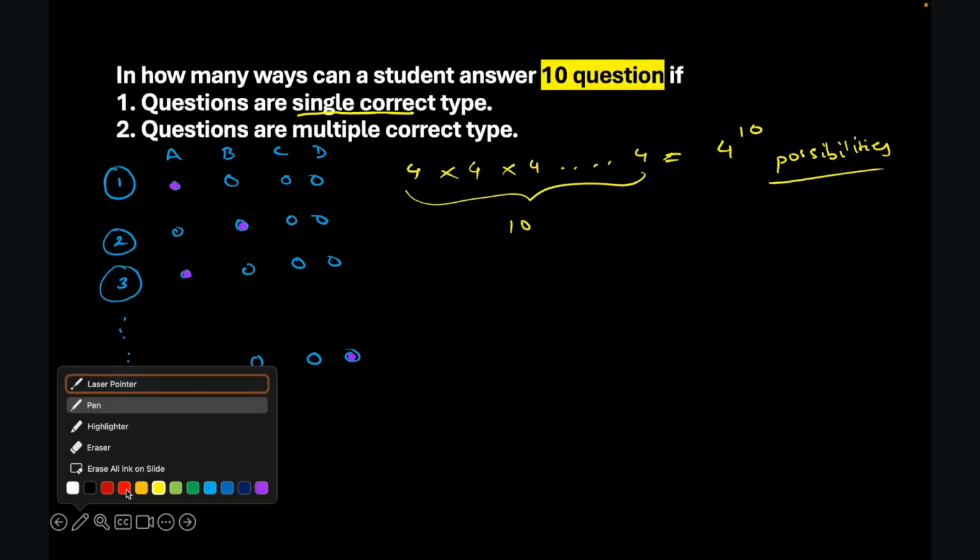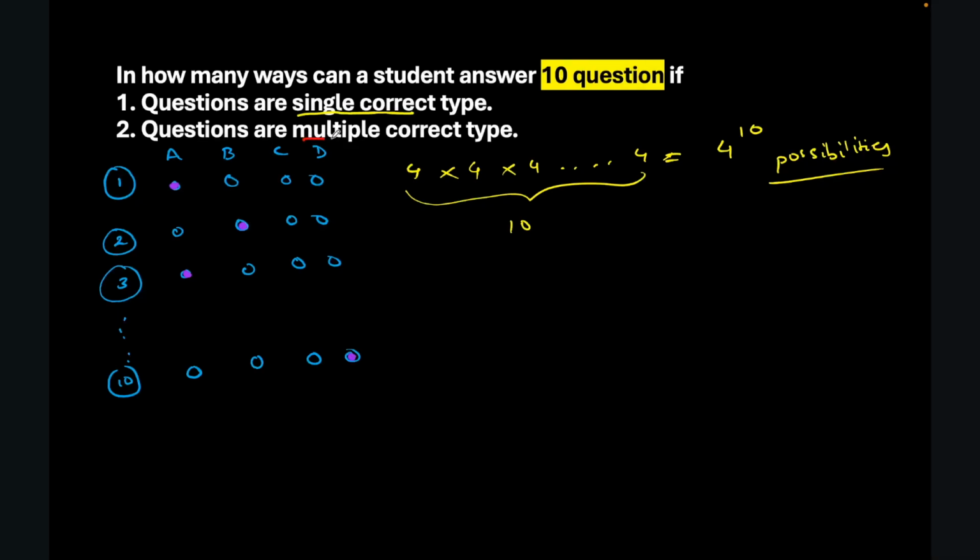If the questions are multiple correct, similar to the previous option, right? So, if they are multiple correct, then what do I do? Give it a shot. Think about it.